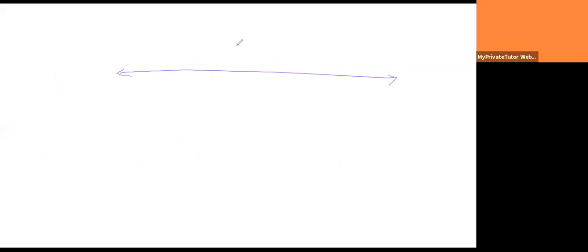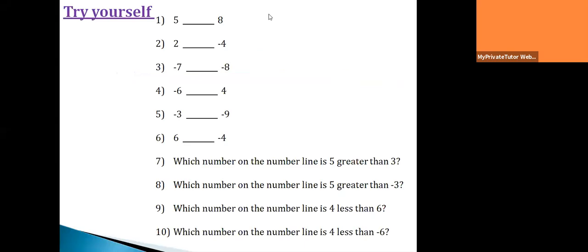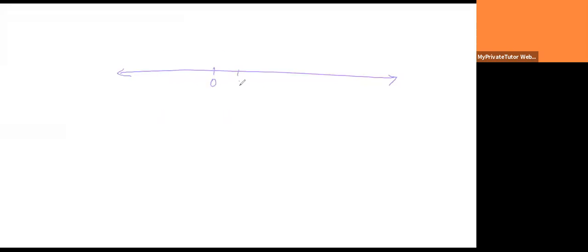Okay. So let's say this is 0, 1, 2, 3, 4, 5, 6, and this side are negative numbers. Hope everyone knows this. Okay.